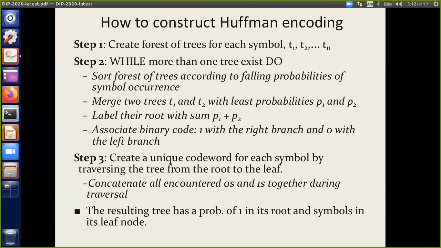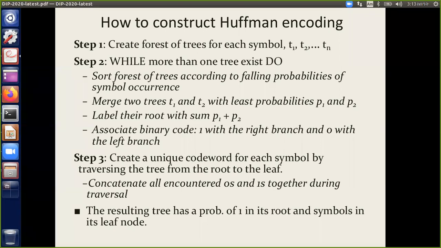Why are we sorting? To order our trees from the least frequent to the most frequent. Then after sorting in ascending order, we pick the first two with the least probability and merge them by creating a root node, which is assigned the sum of the frequencies of the two trees we are merging.